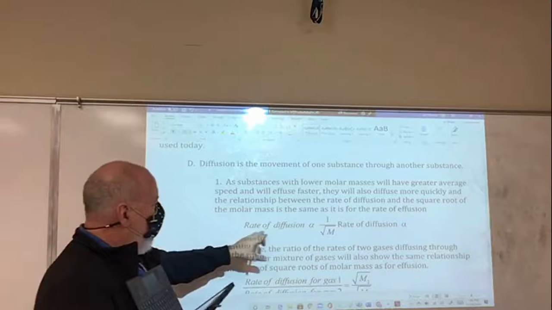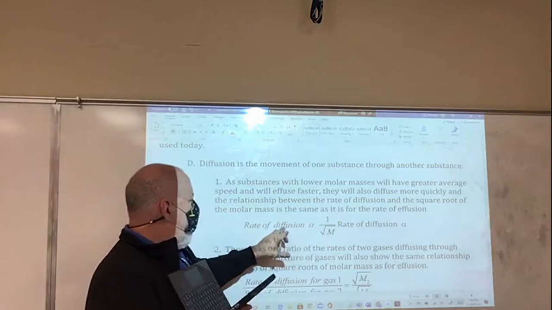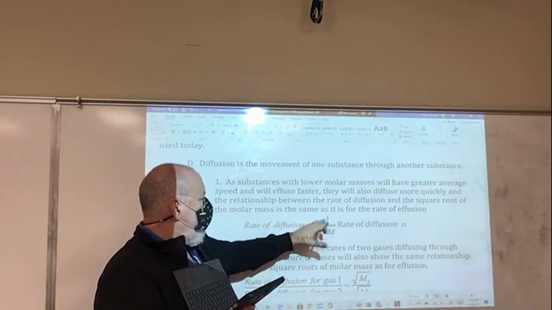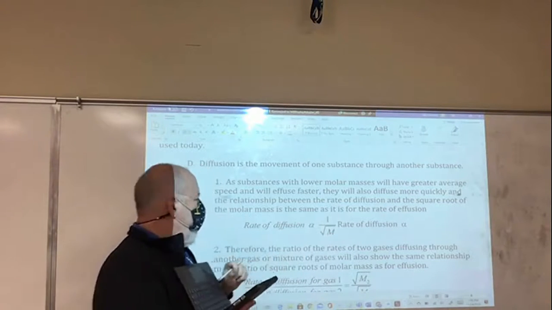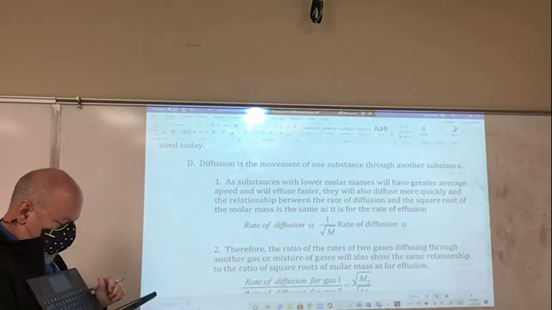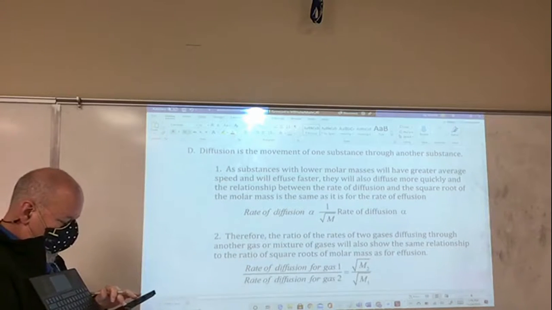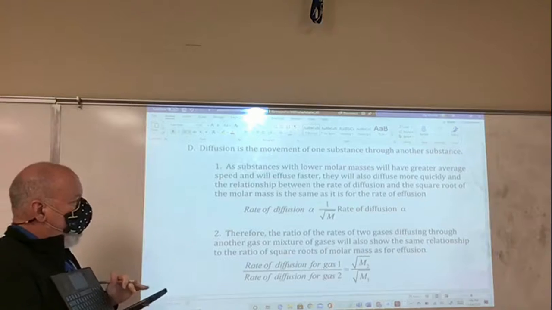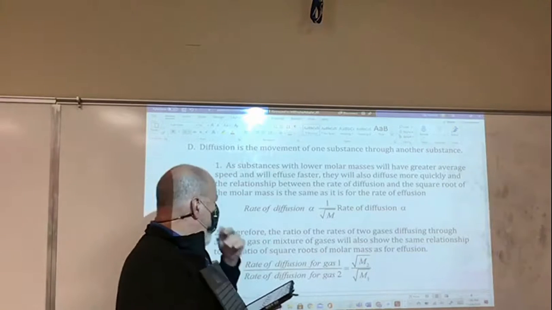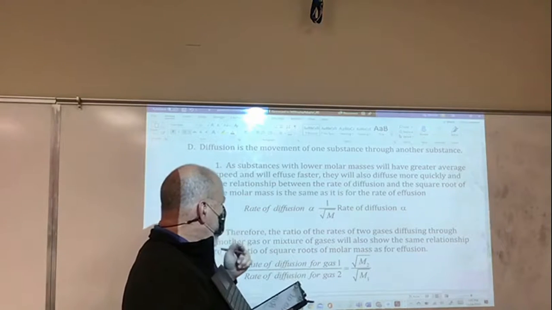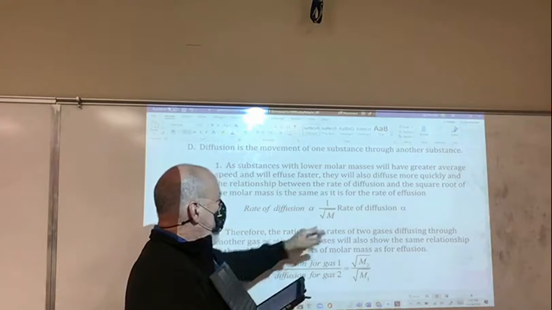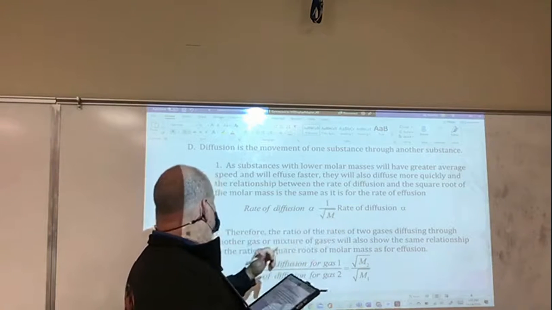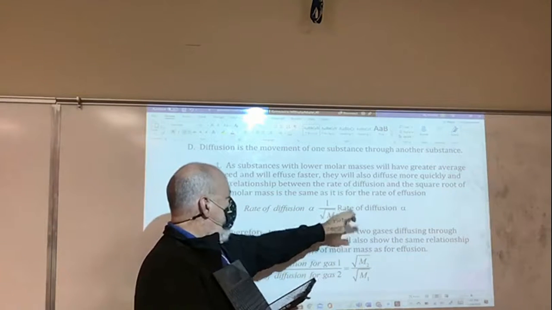Okay, so the rate of diffusion of a substance is proportional or inversely proportional to... wow, that's not confusing at all, is it? The rate of diffusion is proportional to... I'm not sure why this is here.